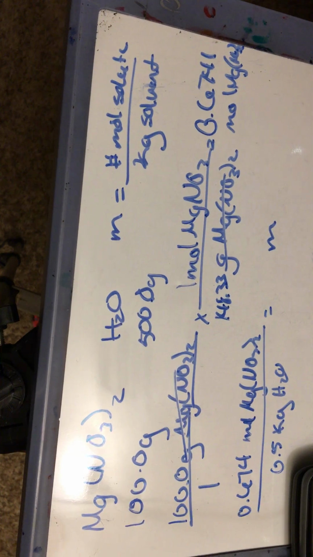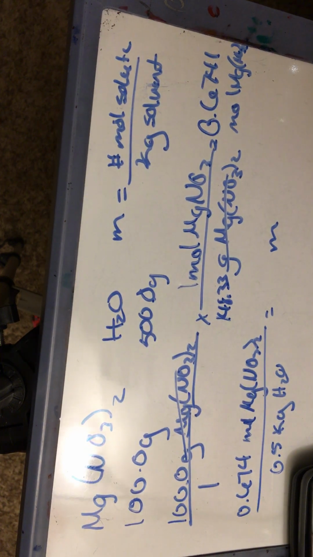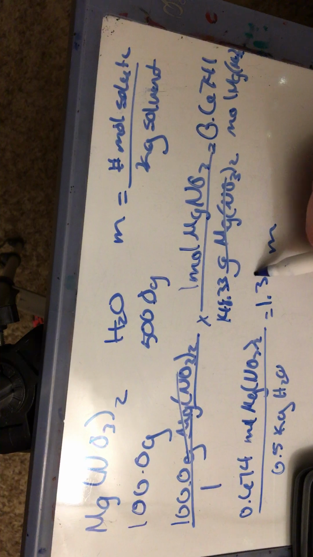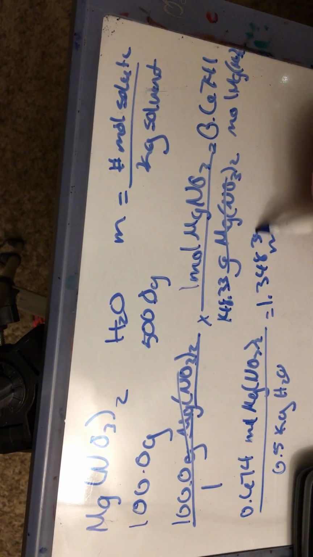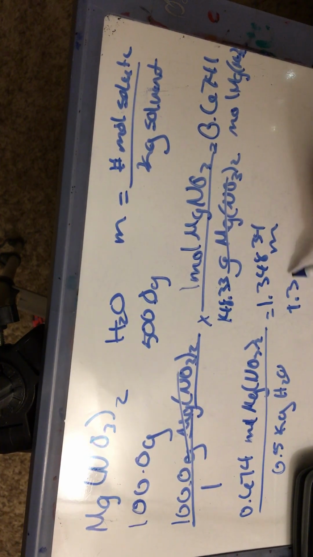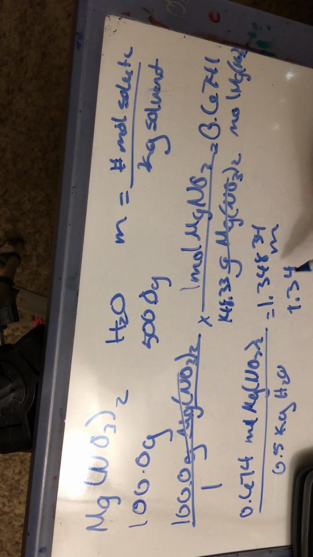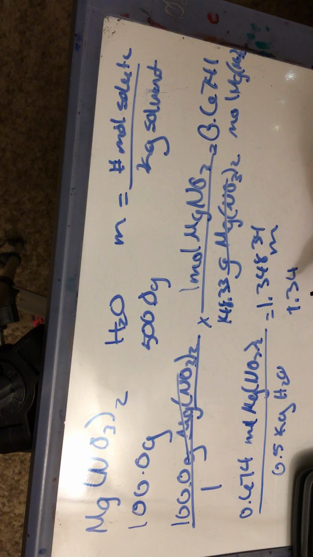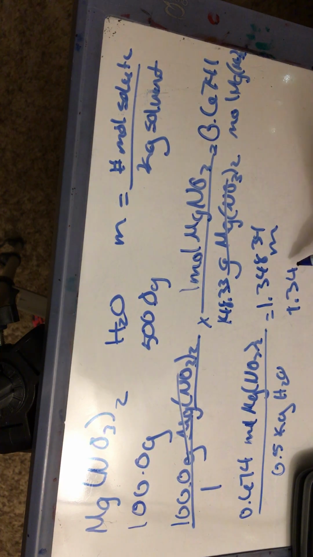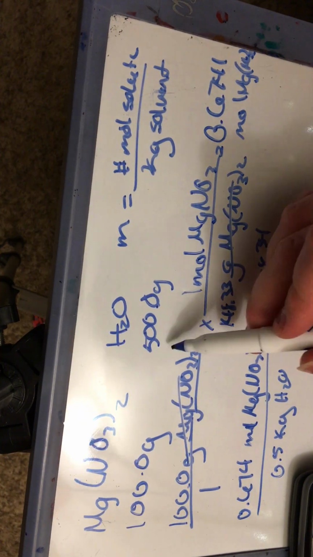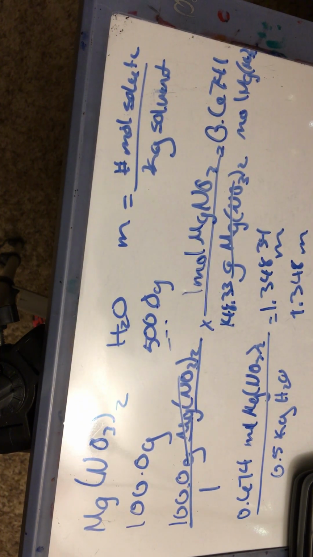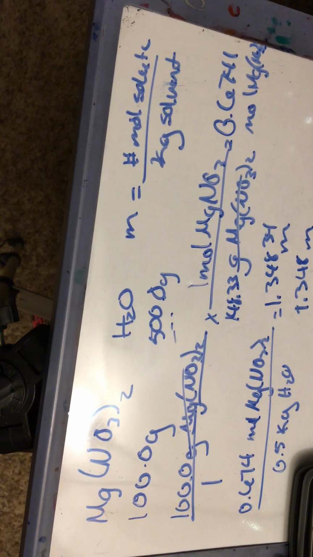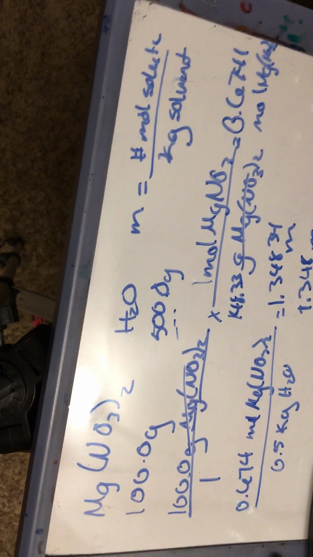Number 5. 1.34, yeah. 834, and that's 1.34. I think I would have done 1.348, but they did 1.35. And I would have done it because all of them are in 4 sig figs. But there you have that.